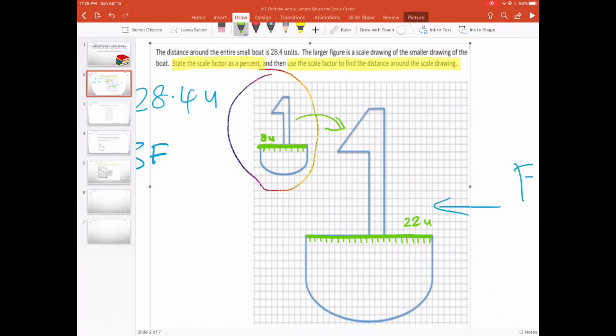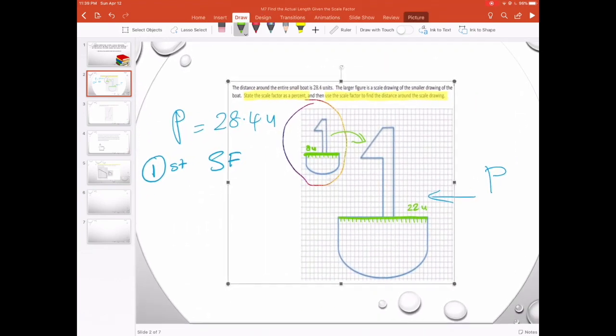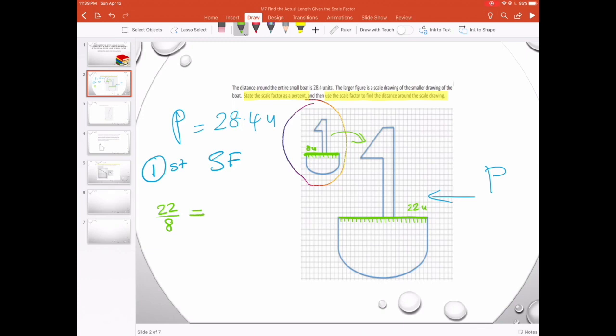And we know the formula to use to simplify and find the scale factor as a percentage. I'm going to use my given units, 8. I went from 8 units to 22 units. This is an enlargement, so the fraction looks improper, and that's how it should look because it's an enlargement. It became bigger.